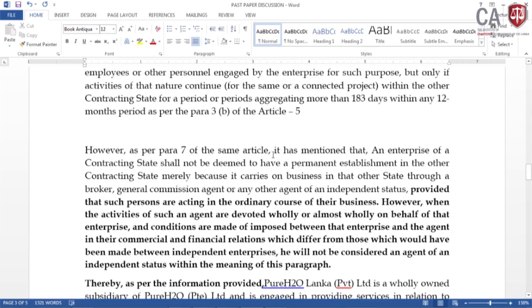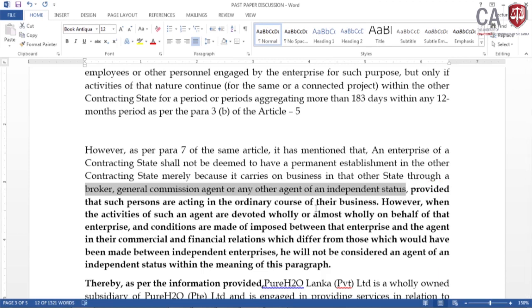As per paragraph 7 of the same article, an enterprise of a contracting state shall not be deemed to have a permanent establishment in the other contracting state merely because it carries on business in that other state through a broker, general commission agent or any other agent of an independent status. You all know that.